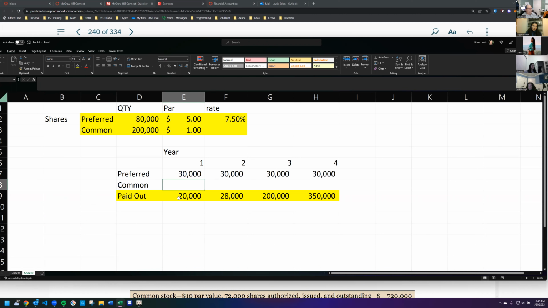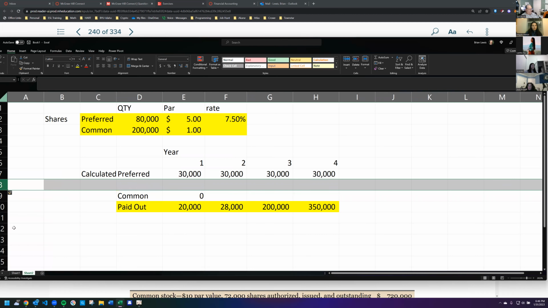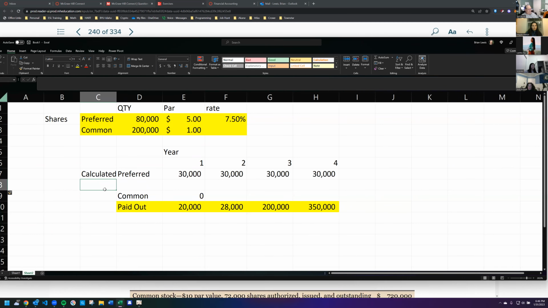So in this year, common didn't get anything because, let's see, calculated. Insert. This is what they're owed. The preferred folks are owed. This is what they're paid. Okay, and we're going to make, let's see, variance.